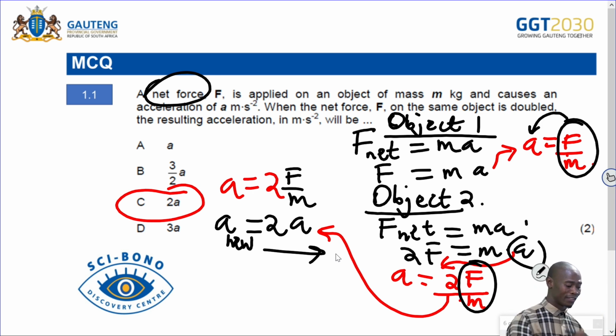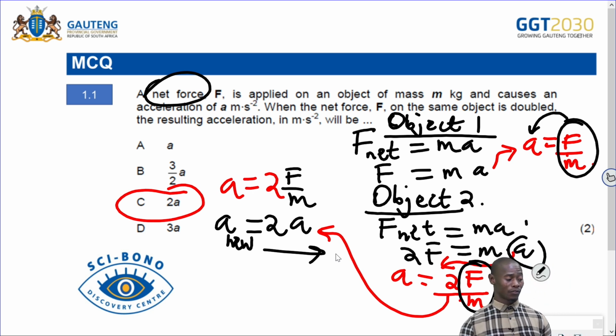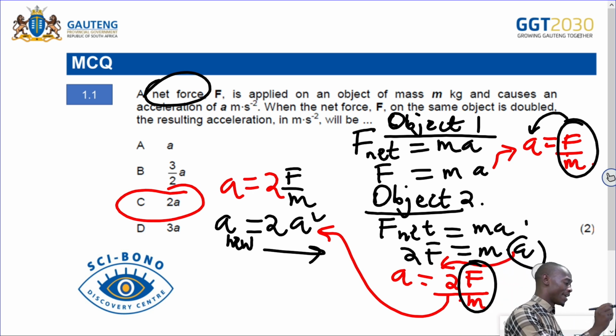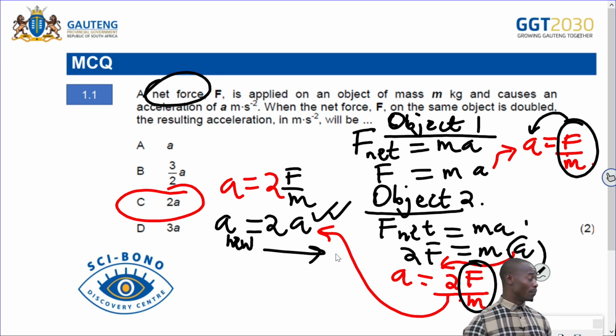It is A. So where there is F over M, I've substituted A. That is why my A there will be twice A. So this is how, learners, you need to answer the multiple choice question. Obviously, if you don't know what is happening with Newton's second law, or if you can't even identify that this question is about Newton's second law, then it will be difficult for you to get this question correct. Okay, then let's look at the second one.